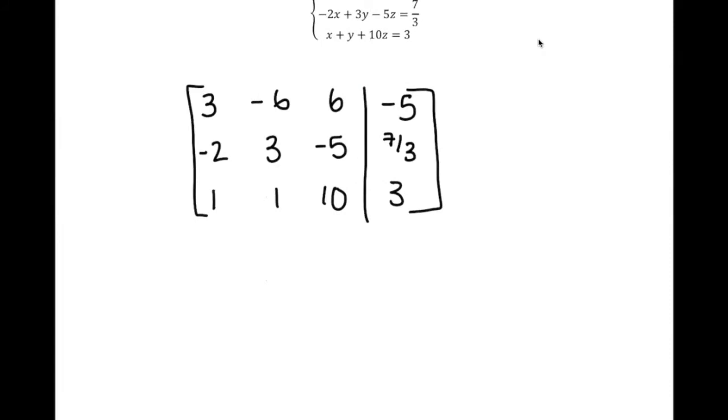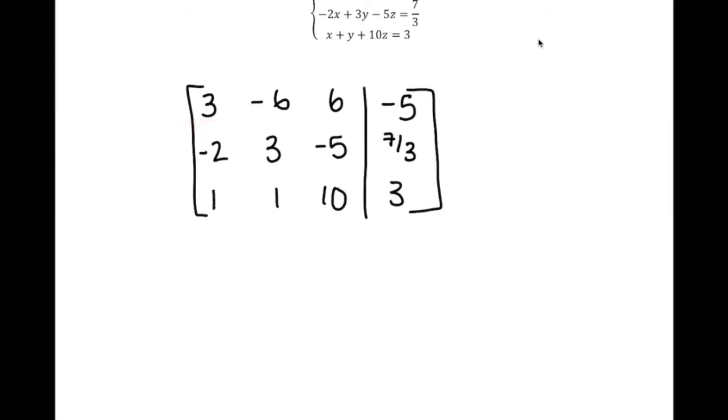Okay, now from here, we want to go ahead and get our matrix reduced down to where I have 1s in the diagonal and 0s everywhere else. So the first thing we want to do is get 1 in that first column, first row entry.